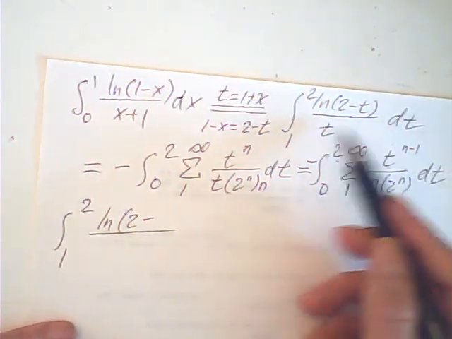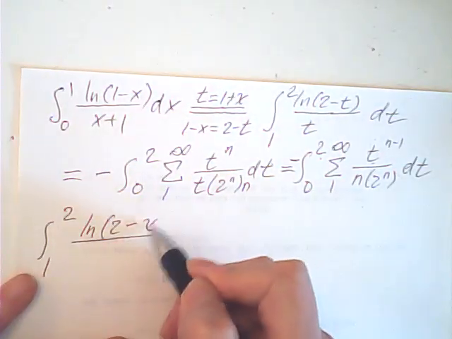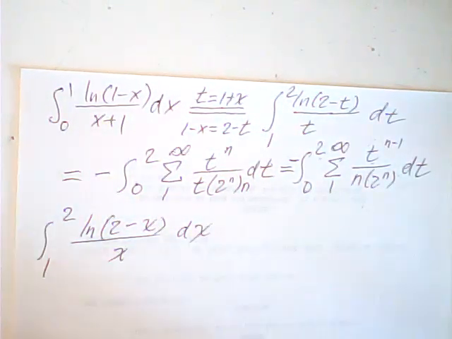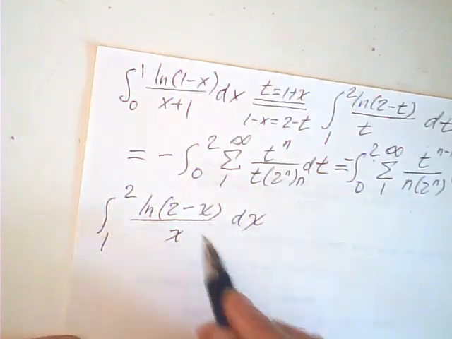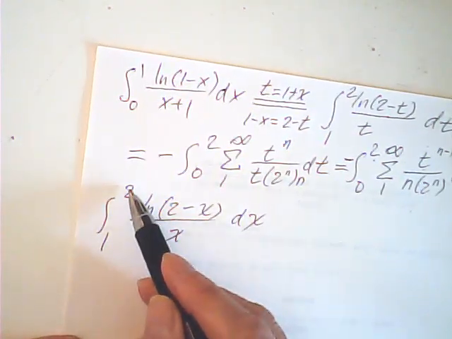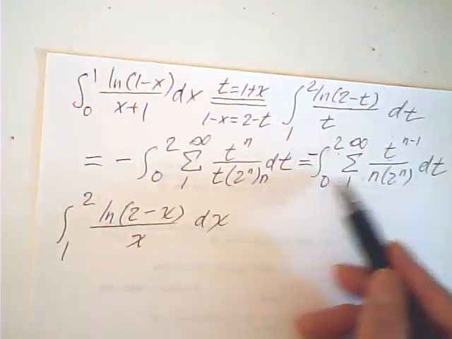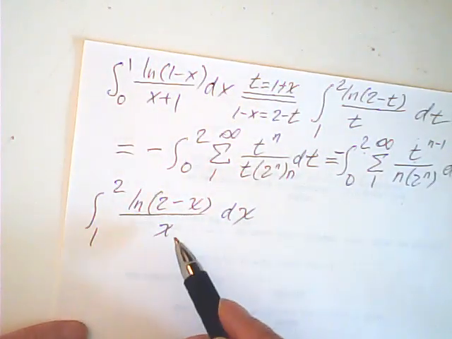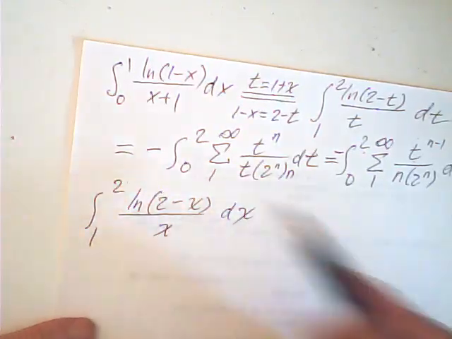Well, let me change the t for x again because these are just dummy variables. Now this one has a problem when this is 2 because we cannot switch the operators. What to do? So let me do something here.